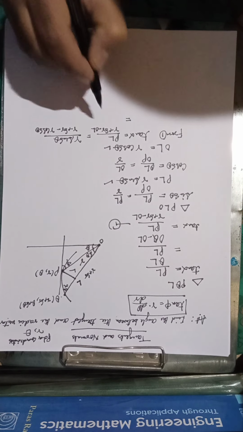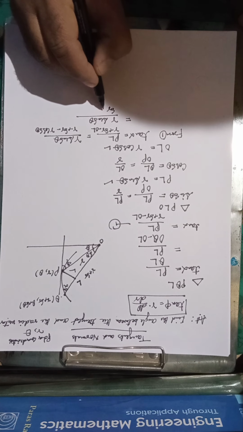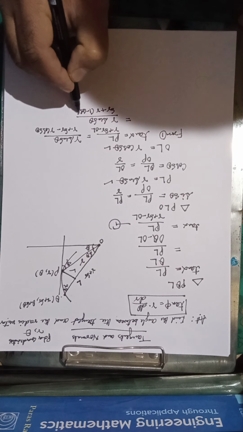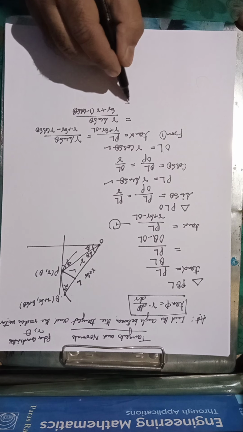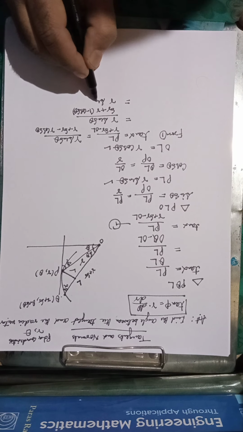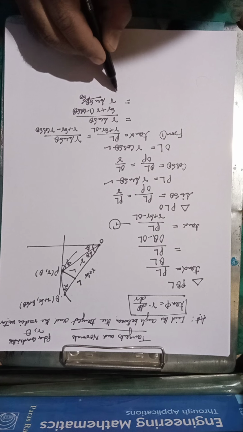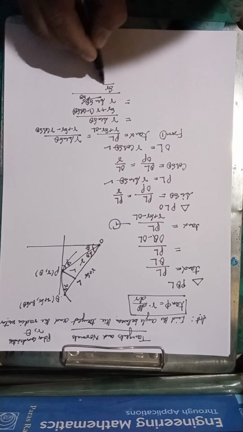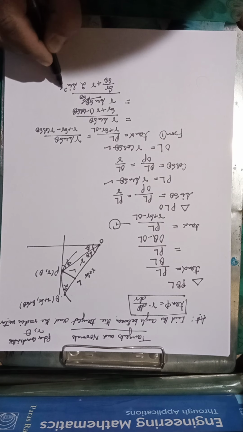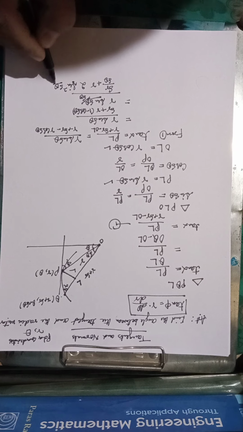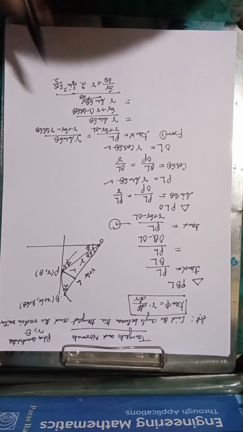This can be written as r sine del theta upon del r plus r times (1 minus cos del theta). Let me divide and multiply by del theta: del r by del theta, or twice sine square del theta by 2. 1 minus cos theta is twice sine square theta by 2. That is the formula which I have used.